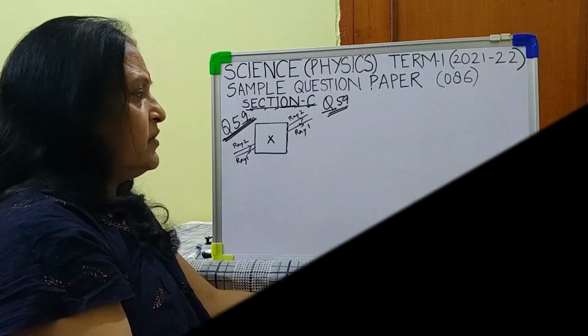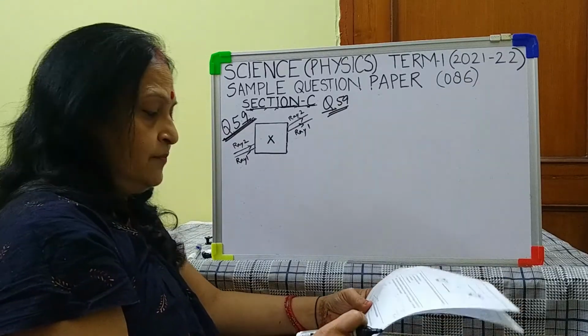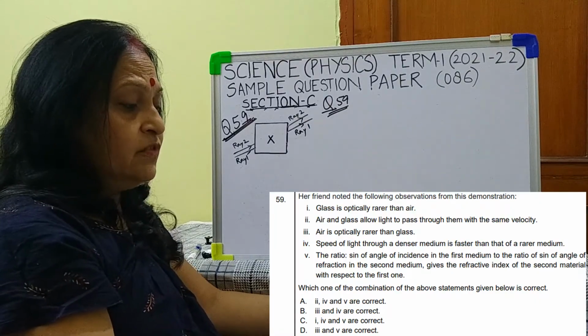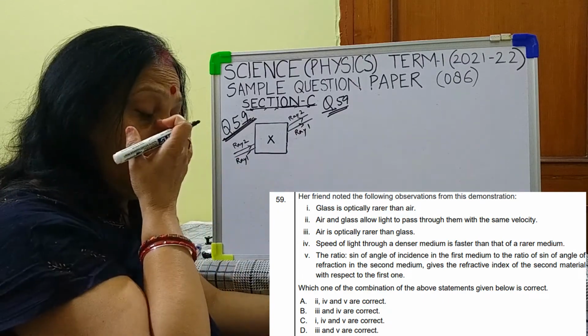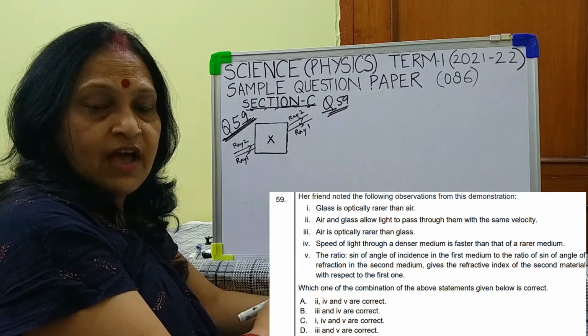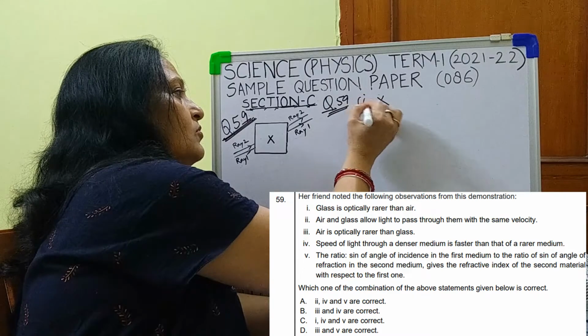Now in continuation with this question of section C, question number 59. Her friend noted the following observations from this demonstration. The first one is, glass is optically rarer than air, which I feel is wrong. So part 1 is wrong.